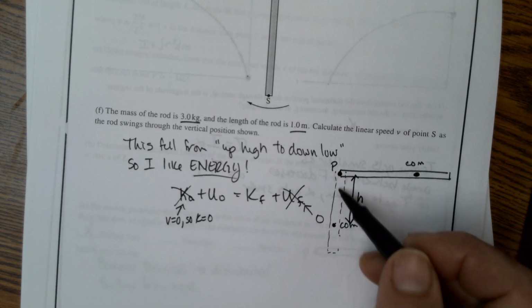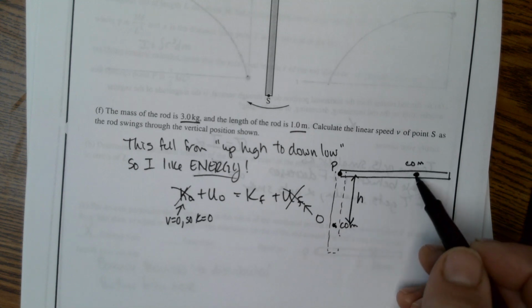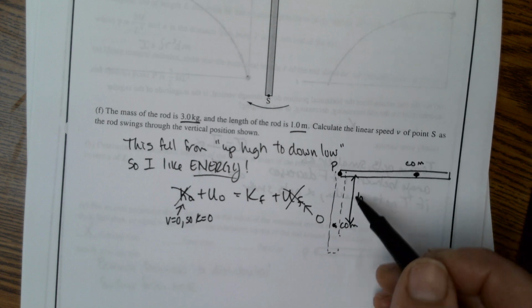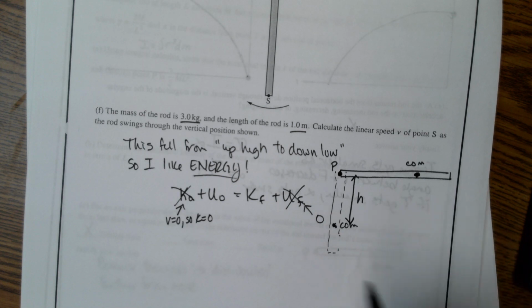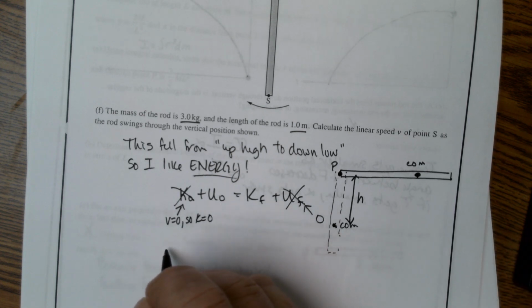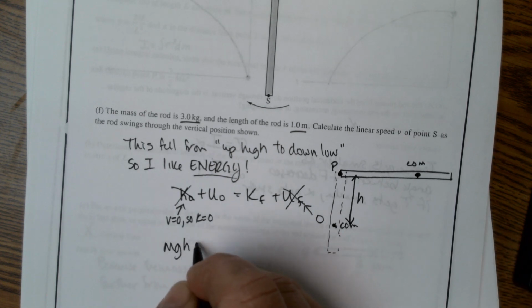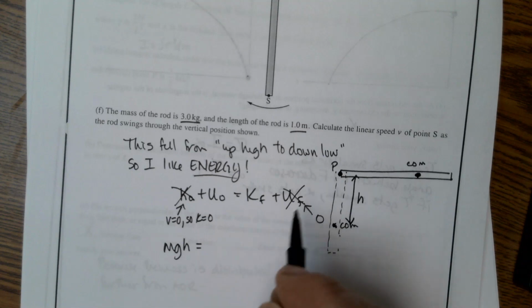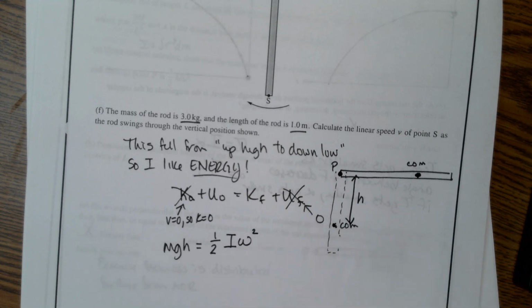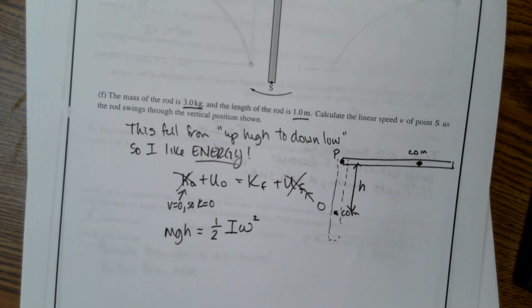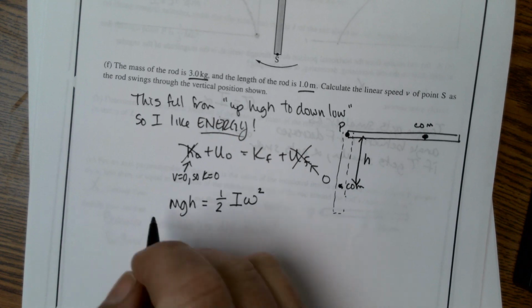That's how far my center of mass has fallen when it pivots into this up and down position. So that is my original height. So mgh is equal to, and when I finish, that's going to be rotational, 1/2 I omega squared. So let's plug some stuff in.